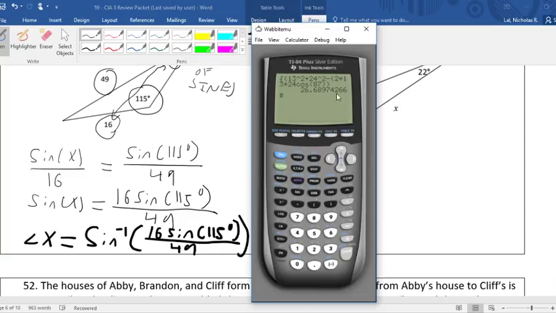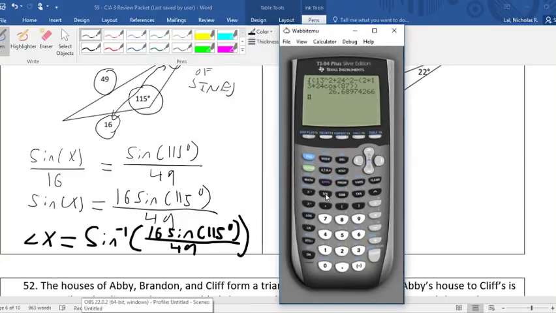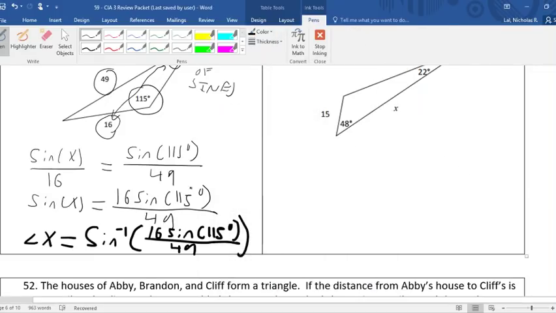So in our calculator, find the inverse sine of, let's put this in parentheses, 16 times the sine of 115 divided by 49. That's going to give us an angle of 17.21 degrees. So angle x is equal to 17.21 degrees.